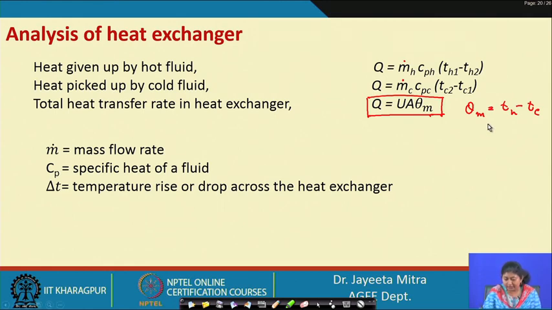So, theta m can be termed as delta T. Any terminology you can use, either delta T or theta m, both are the same.